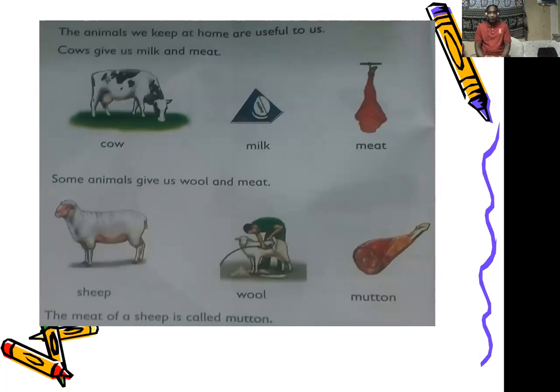If you look, pupils, at the picture, that is a cow, and the cow is grazing green grass.